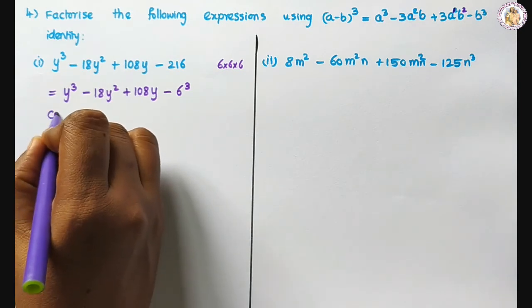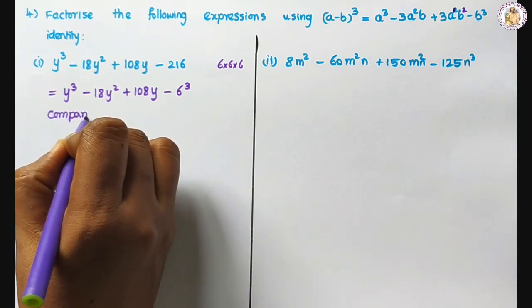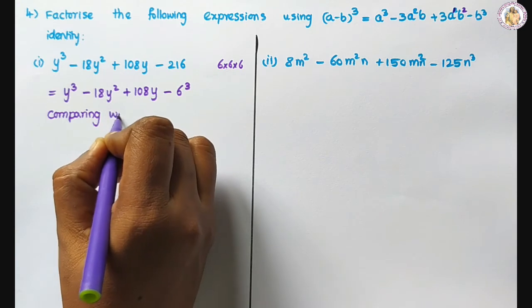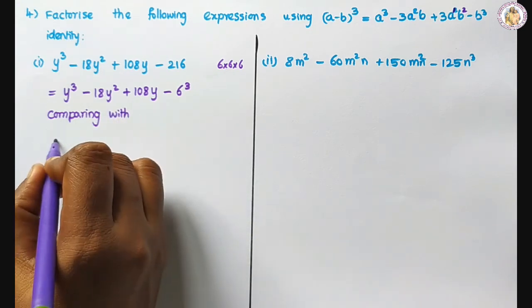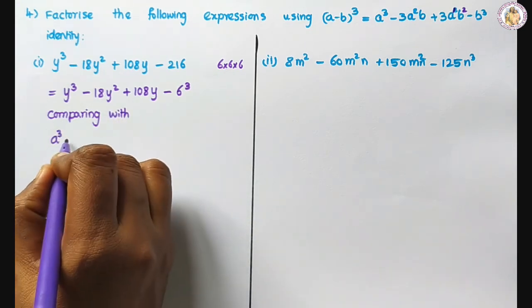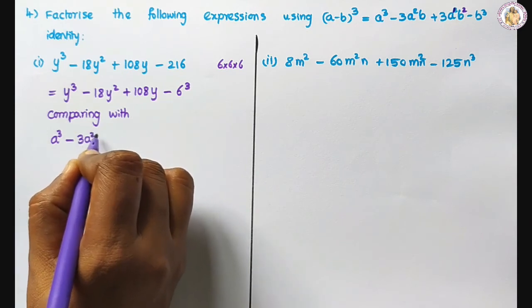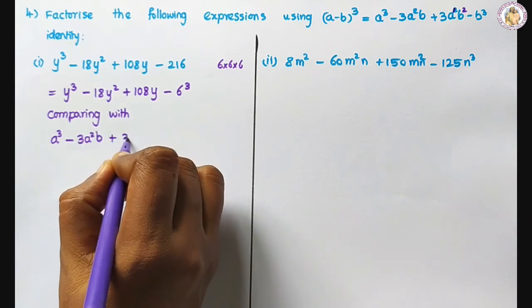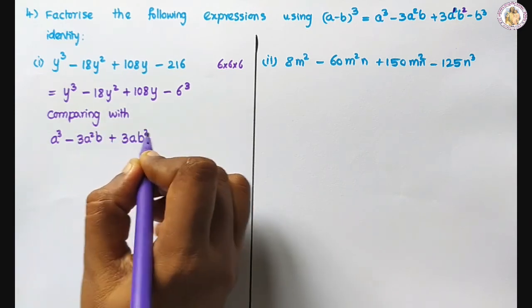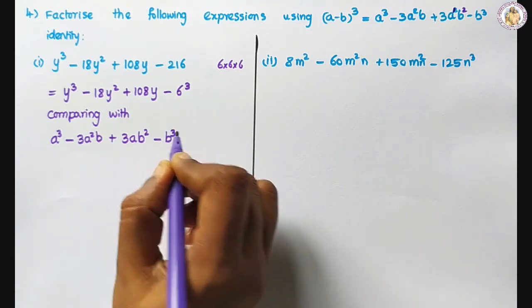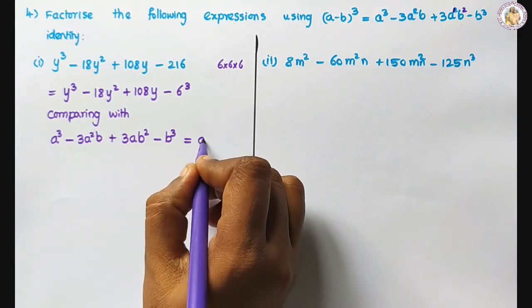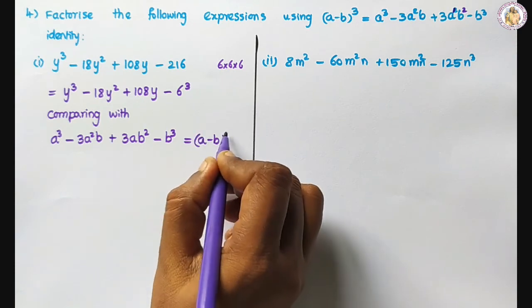Now comparing this with a cube minus 3a squared b plus 3ab squared minus b cube equal to (a minus b) whole cube.